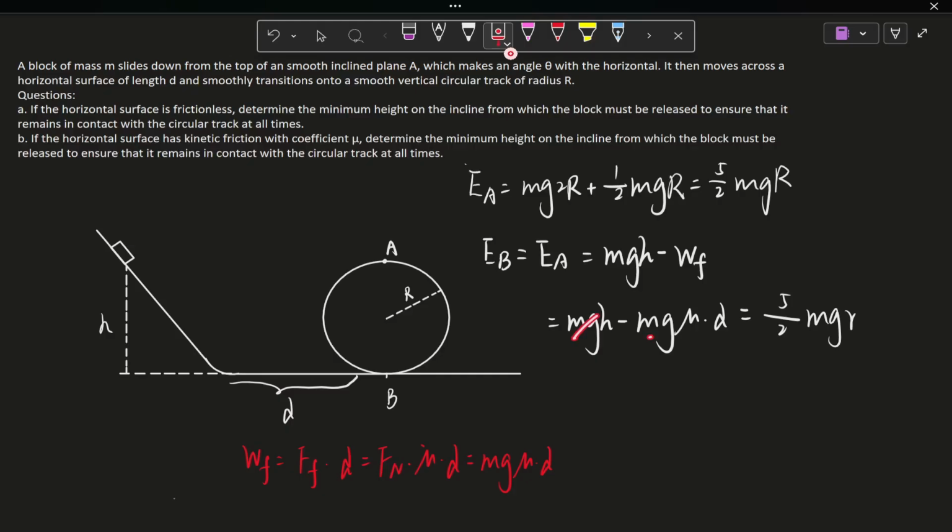And you can see these mg's can be cancelled out, which gives us an equation that says h minus mu d is equal to 5 over 2 r. This one's supposed to be capitalized, be careful. So now we can write the expression for h. The new h will be 5 over 2 r plus mu d.